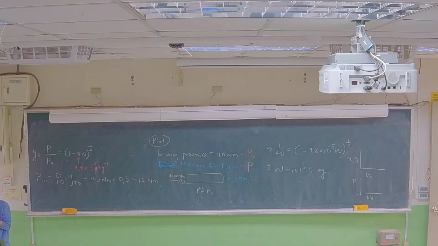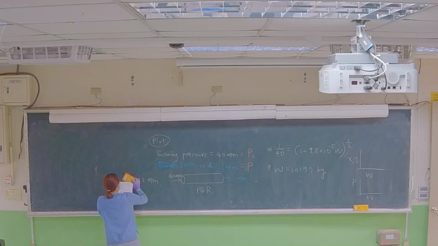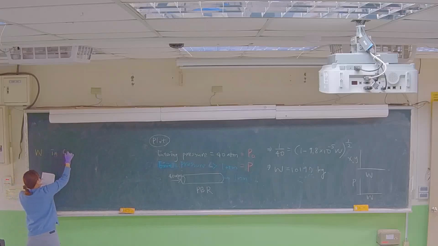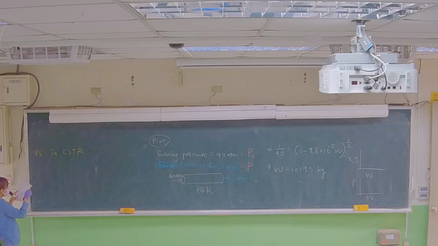But the more important thing is the CSTR catalyst. Let me finish the last part. The second part is to find the weight of catalyst in CSTR. For CSTR, again, please go back to review slide 104.